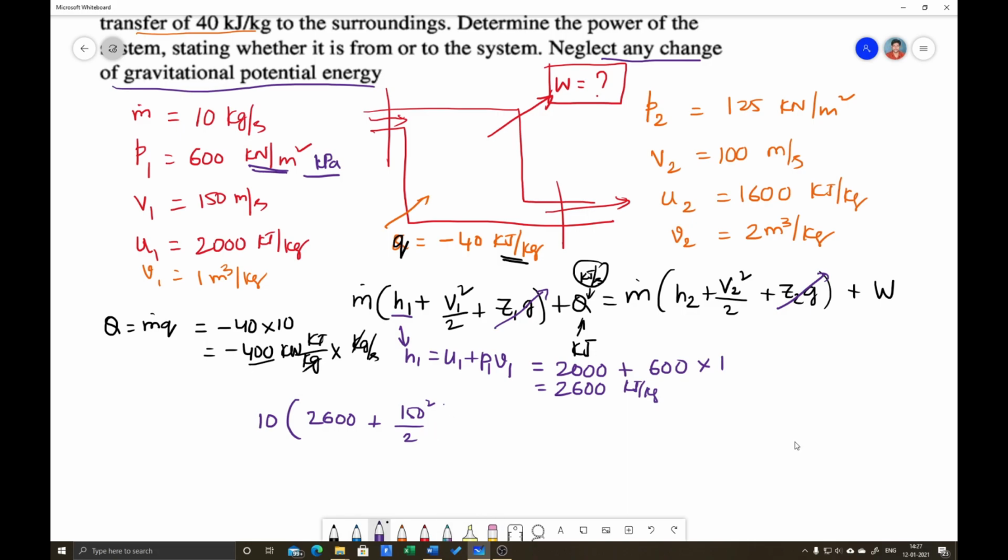Okay. So plus q is minus 400, that equal to same m dot into h2.